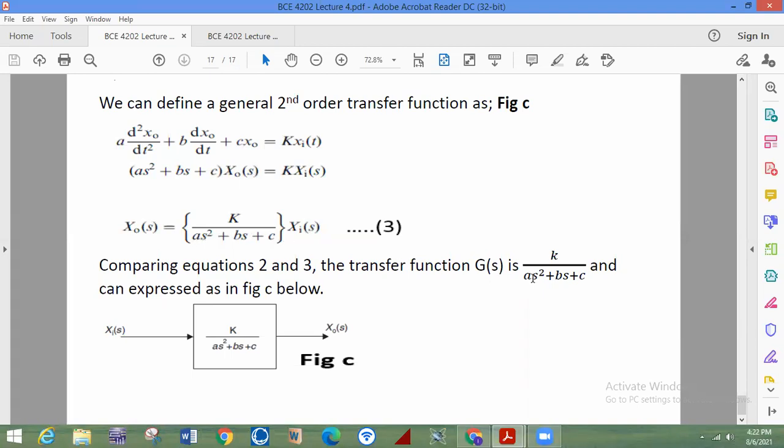That is the transfer function, and it can be represented in the form of a block diagram as in figure C.